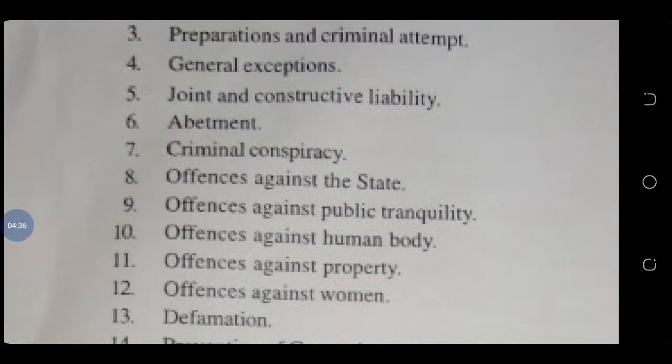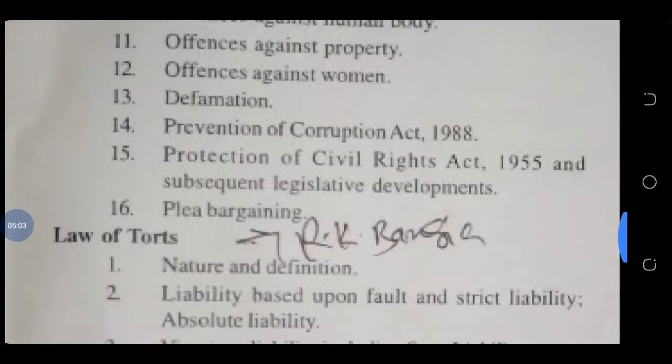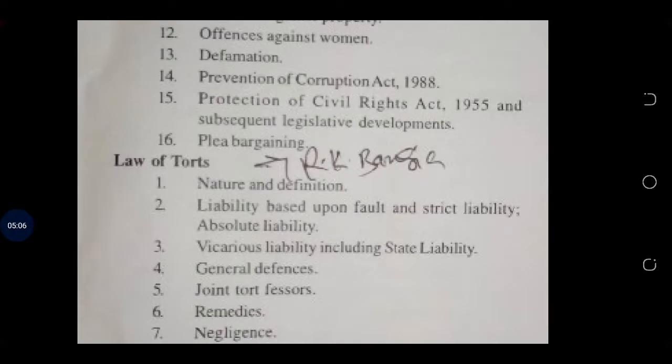Next, preparation and criminal attempt, general exceptions, joint and constructive liability, abetment, criminal conspiracy, offences against the state, offences against public tranquility, offences against the human body, offences against property, offences against women, defamation, Prevention of Corruption Act 1988. Next, Protection of Civil Rights Act 1955. Next, plea bargaining.